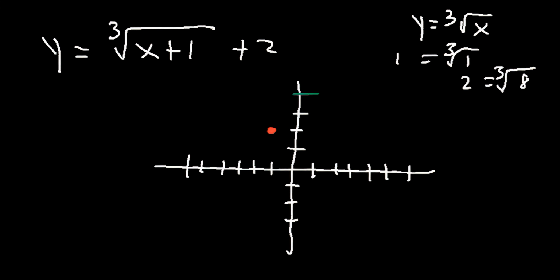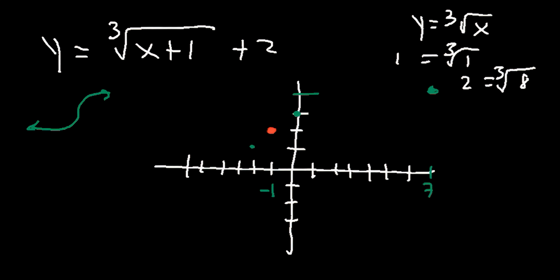So 1 to the right, up 1. 1 to the left, down 1. Because we know the general shape is like this. It's increasing. Now as we go 8 to the right, starting from -1, we're going to stop at 7. It's going to be up 2, so it's going to be over here somewhere.